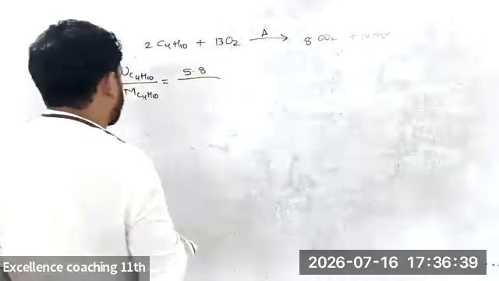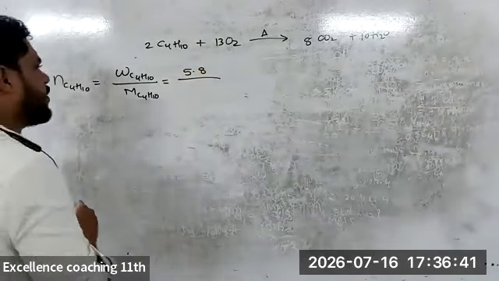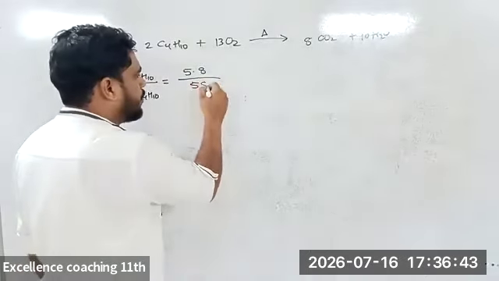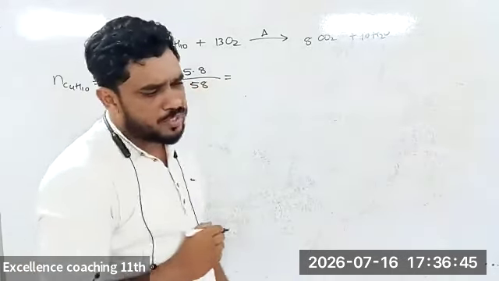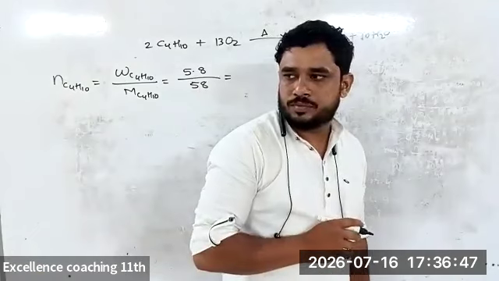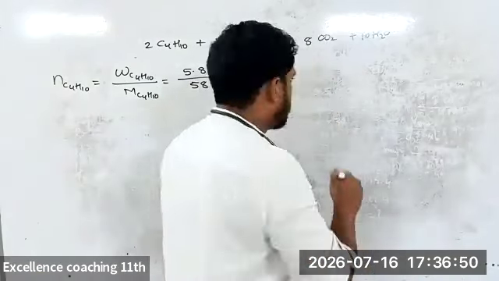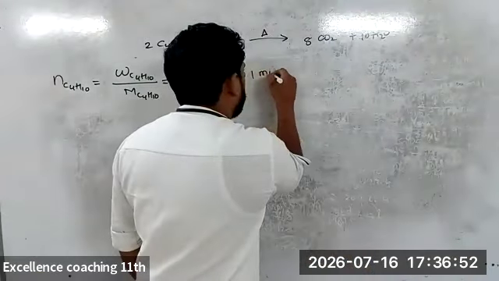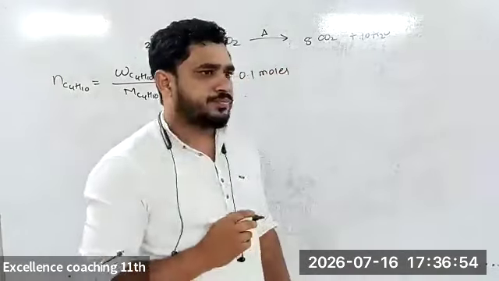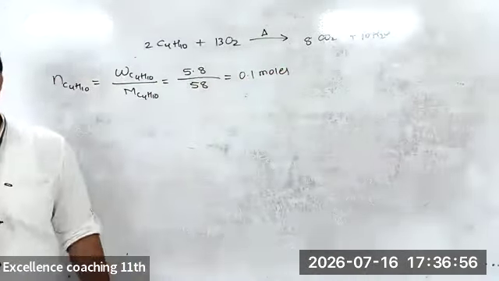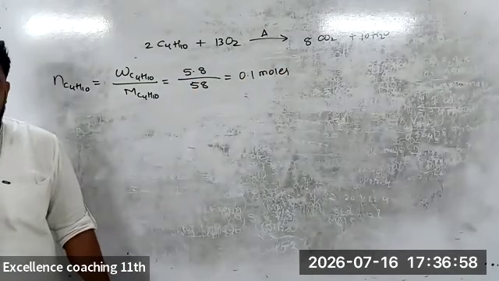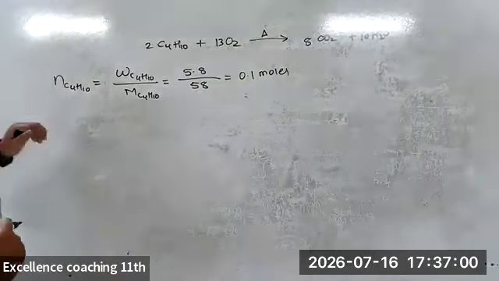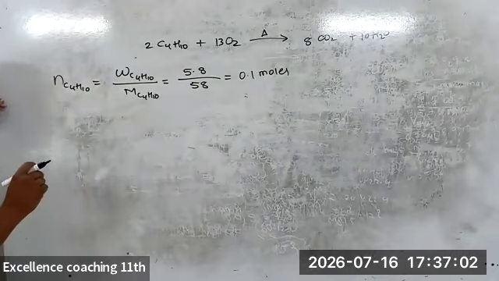Molar mass of butane will be 48 plus 10, which is 58. So it will come to 0.1 moles of butane.